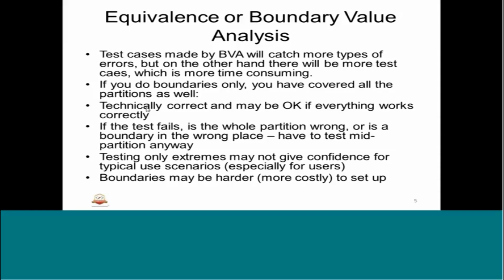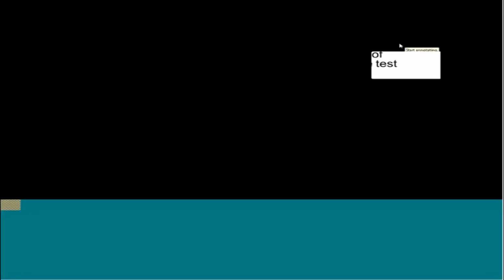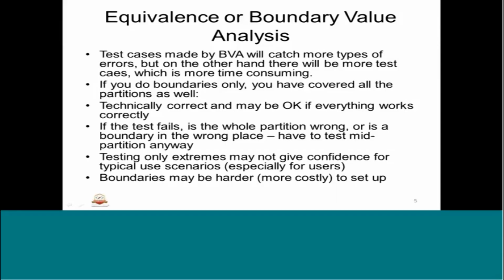So how many test cases we will have? For 1 we have an upper boundary and lower boundary as two test cases. For 10 we have an upper boundary and lower boundary as 9 and 11, 2 more test cases, it will become 4, then an intermediate value that is nothing but the fifth one. So totally 5 test cases for 1 to 10.